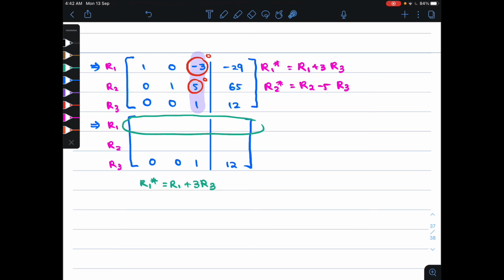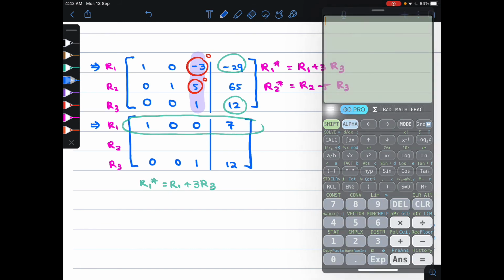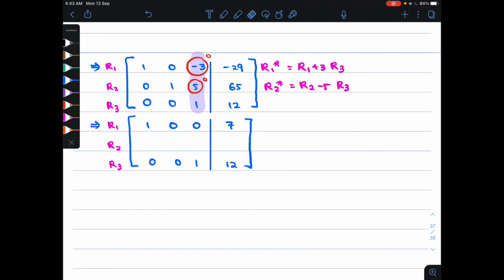So guna calculator. And that's how we get the new R1.